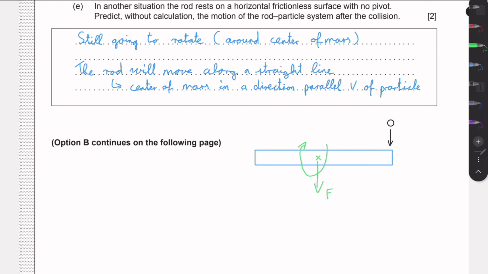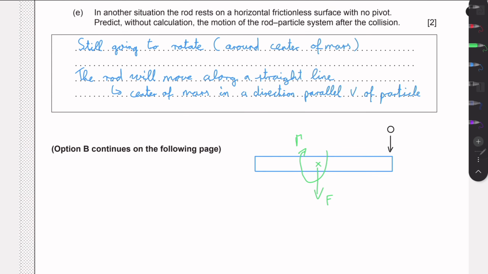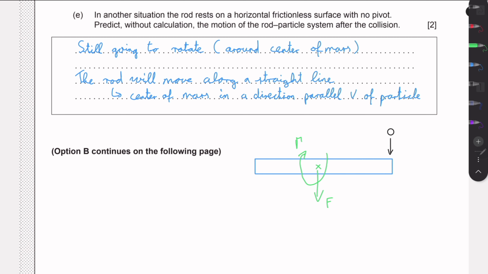Forces we can just move anywhere we want, but if we move a force, then we also need to account for the torque that this force was producing around this axis. So there will be some torque over here, and this will technically show us how it will move. It will move in a straight line this way, but at the same time it is going to rotate around that center of mass. Although this is probably a little bit hard to see just with knowledge from the IB, I would say.